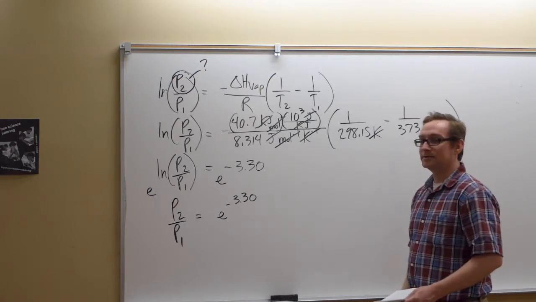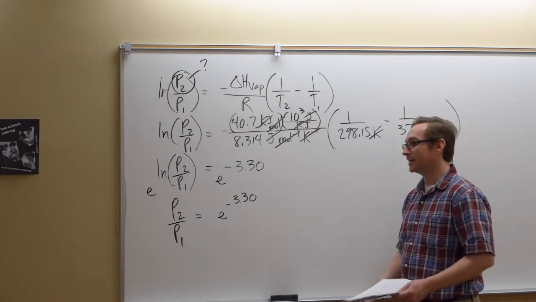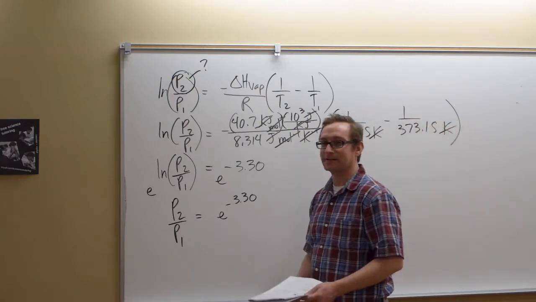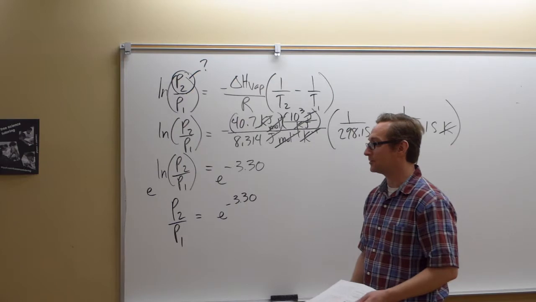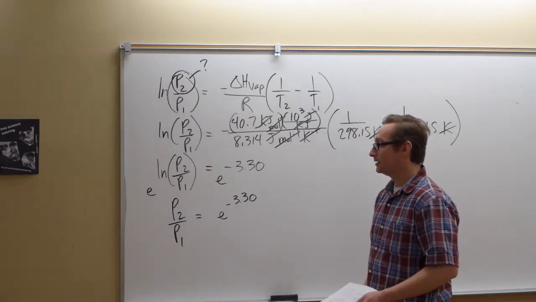Does anyone remember how to do natural log on your calculator or take the inverse? If you don't remember, try it at some point with the calculator and see if you get the answer.